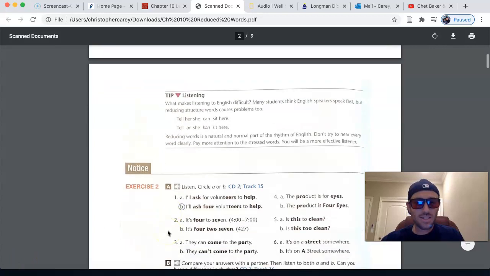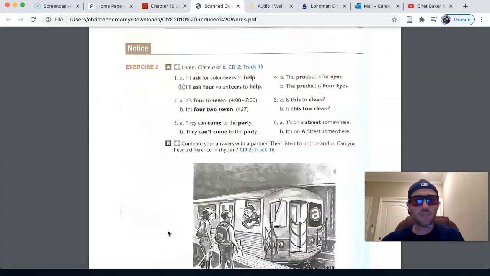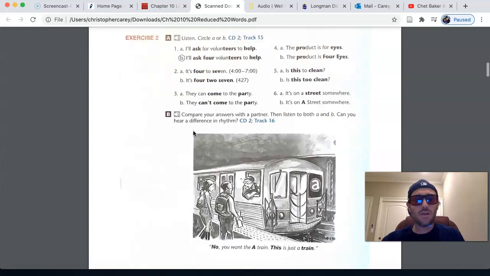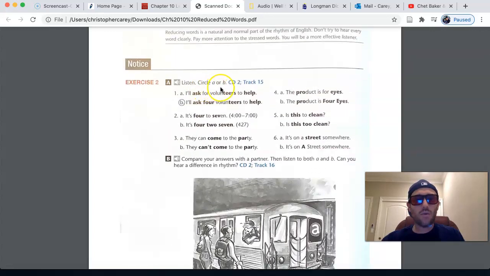All right, so we're going to continue on to exercise 2, one more practice. What I want you to do for exercise 2, we're on page 78 now, is circle A or B based on what you hear. Now, take a look at these first. Notice that A is unstressed, B is stressed.